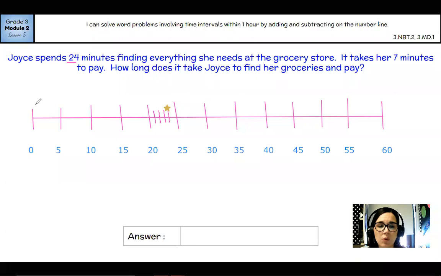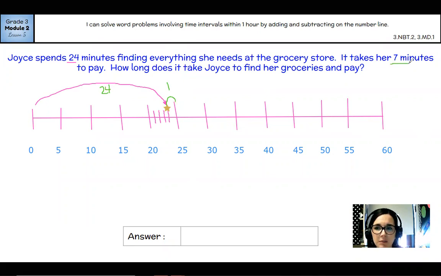So this whole amount of time from 0 to 24, that's how long it took her to find what she needed. Now it's going to take 7 minutes to pay. Let me change my color so we can see the difference. If I go from 24 to 25, that's 1, right? I'll go ahead and mark that this was 24. If I go from 24 to 25 to get to my next interval, that's 1 minute.